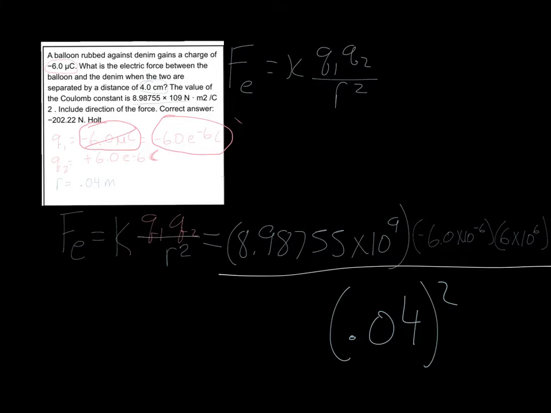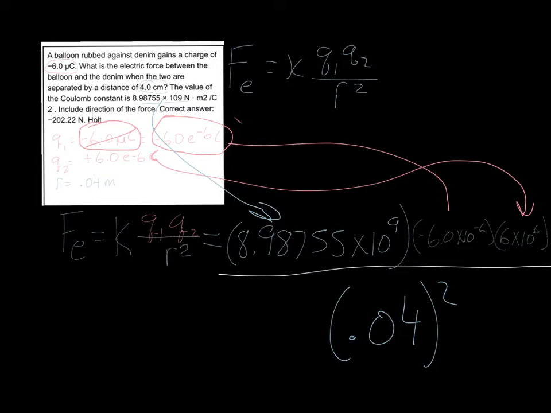It has to be times 10 to the negative 6. So whatever number you're given, if it's negative 6, then it would be negative 6 times 10 to the negative 6. Or if it's 6, it would be 6 times 10 to the negative 6, or e negative 6. Those values go in here. Your constant, which was up here, goes right here.